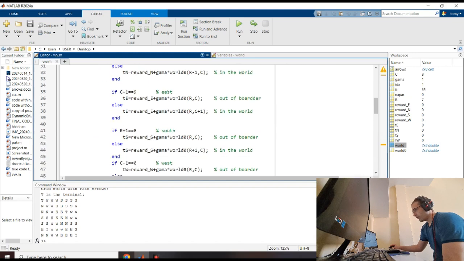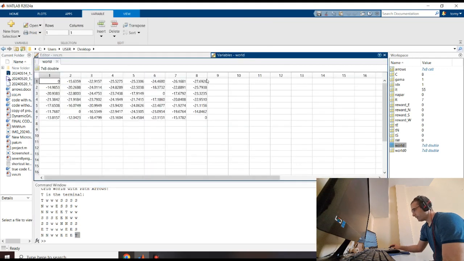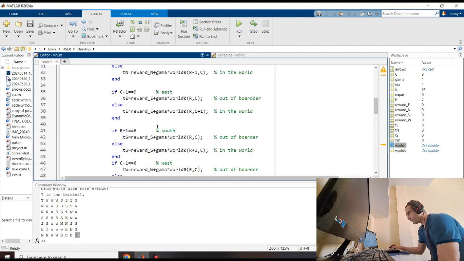This was for north, and this is for east. If column plus 1 is equal to 9, so we have 8 columns, okay. If column plus 1, so if 8 plus 1 is equal to 9, it means out of border.